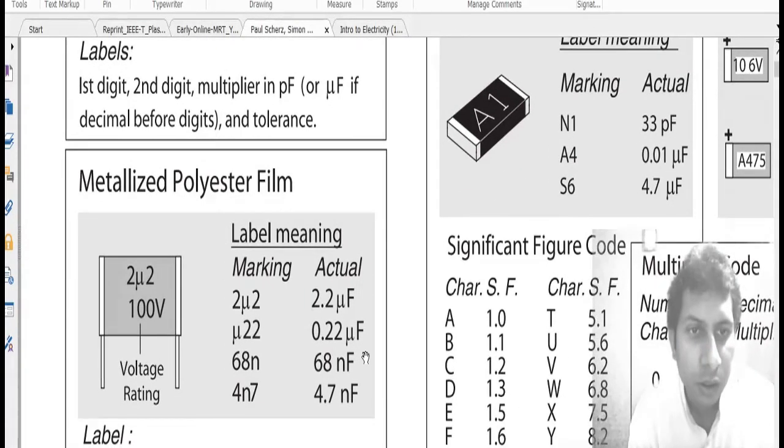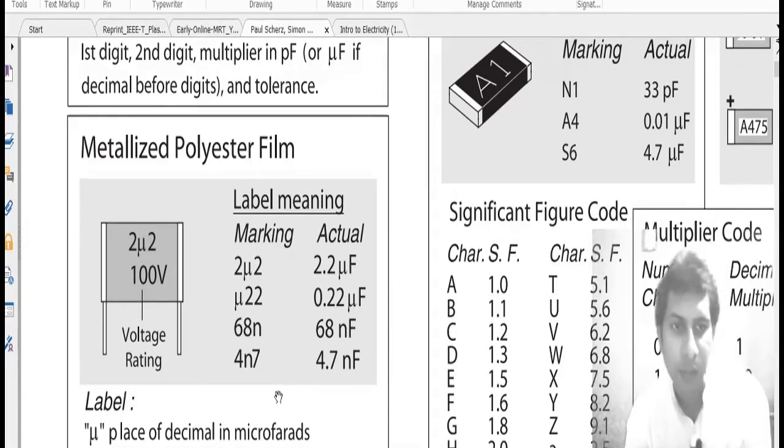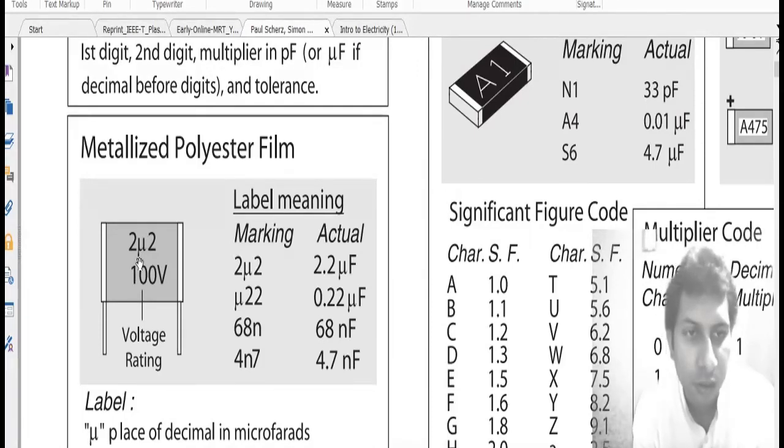अभी फिर हम मेटलाइज्ड पॉलिएस्टर फिल्म कैपेसिटर की बात करते हैं. समवेयर यू विल फाइंड दिस 2 micro 2. That means where this mu is pointed out, it is treated as a decimal point, and we will take it as microfarad.